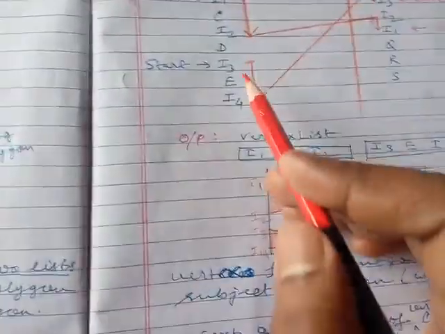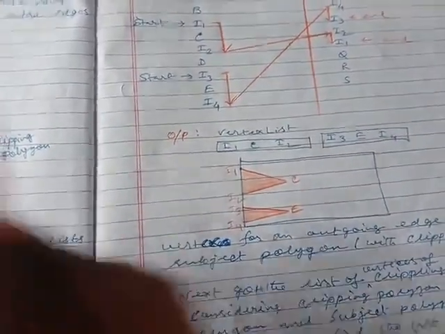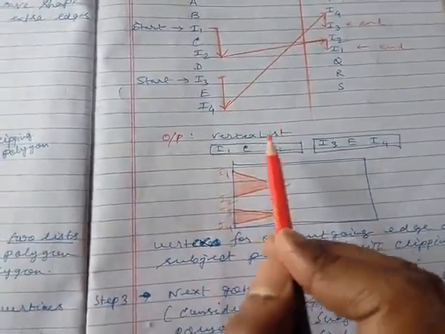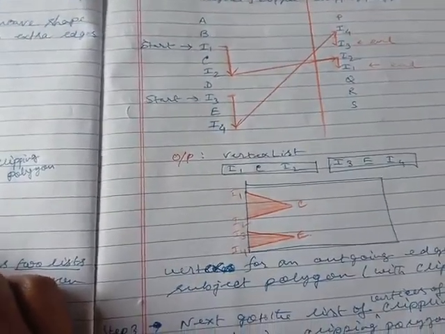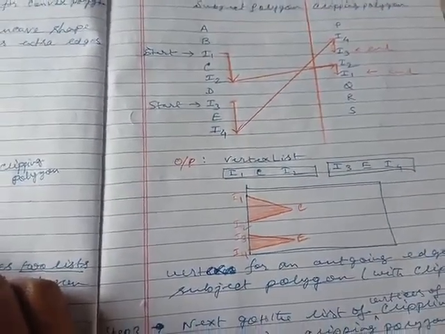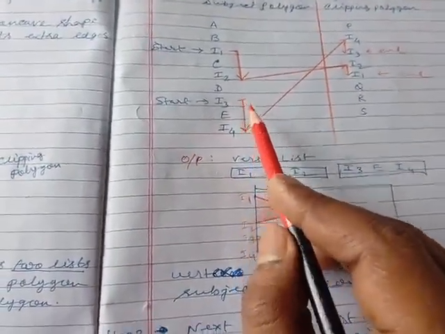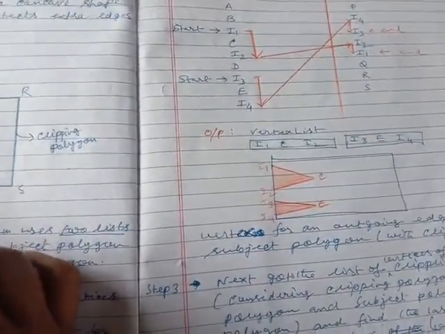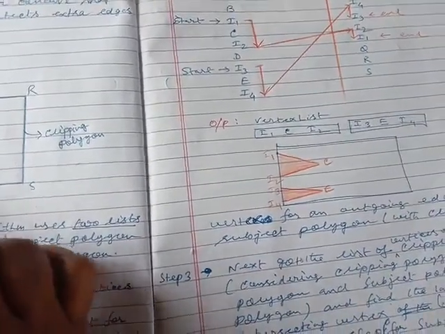Next, we need to proceed from the subject polygon once again. From the next list, what is the next intersecting point for an incoming edge? The next intersecting point is I3, which is generated by the incoming edge DE of the subject polygon.